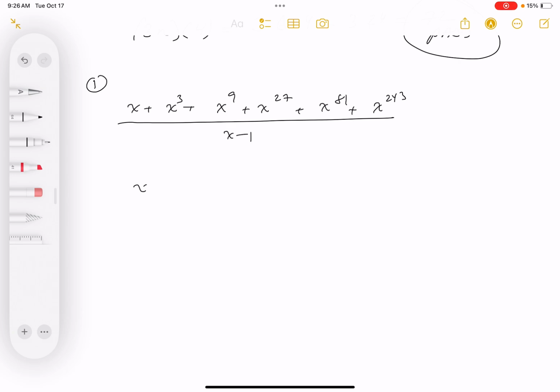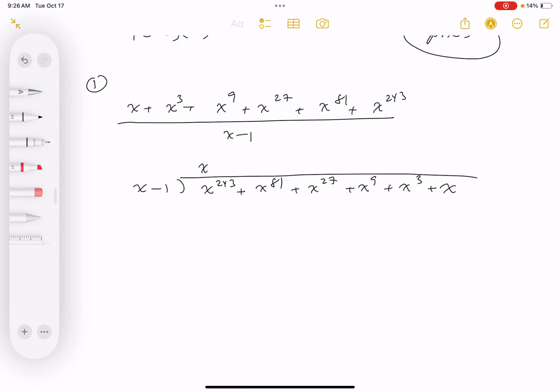Now, what a lot of students would do is write x minus 1 and then divide it in. They'd probably write down x^243 plus x^81, x^27, x^9, x^3, and an x. This is the wrong way to go about it, by the way. And then they'd say, what times x would give you x^243?